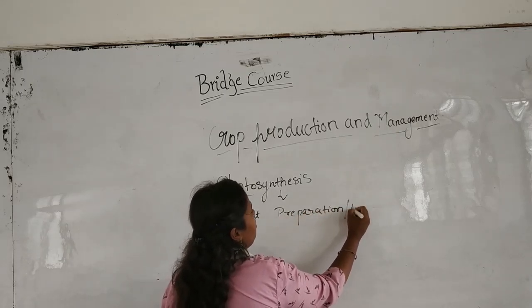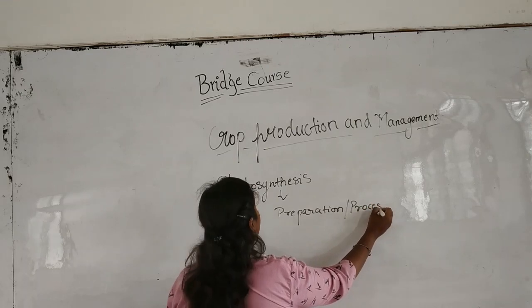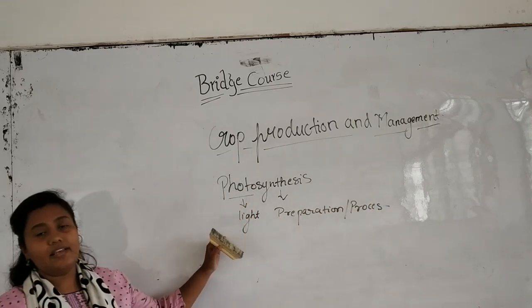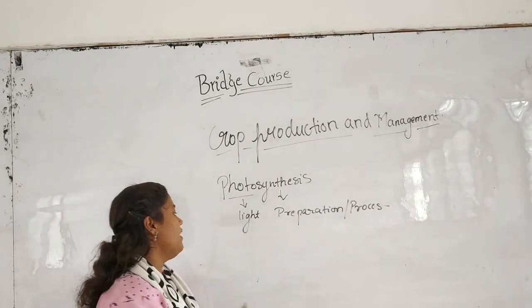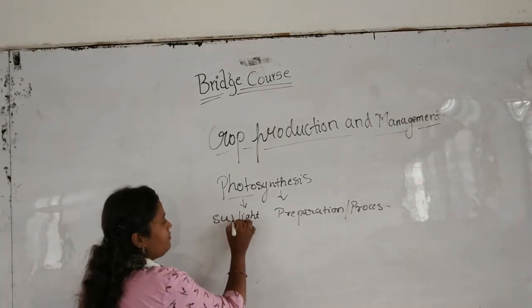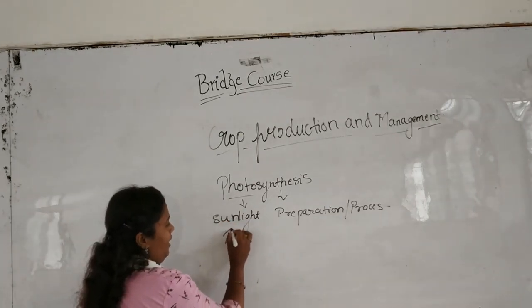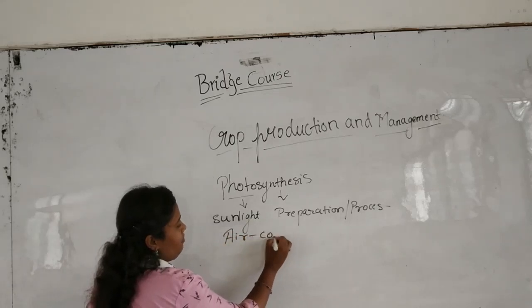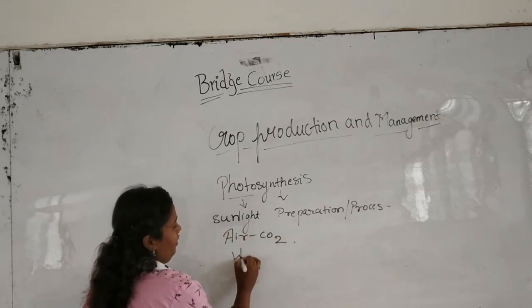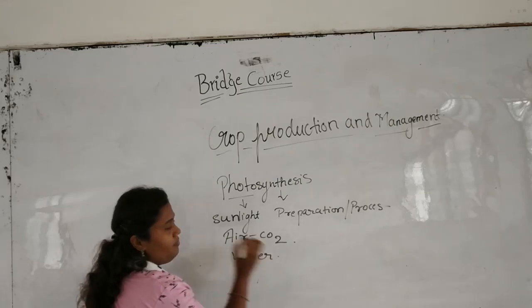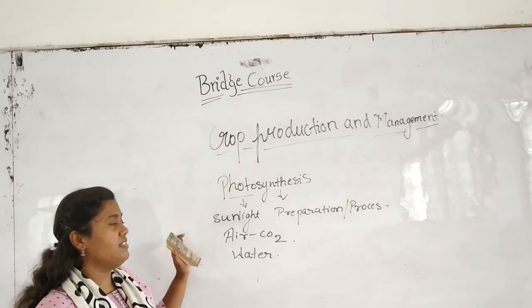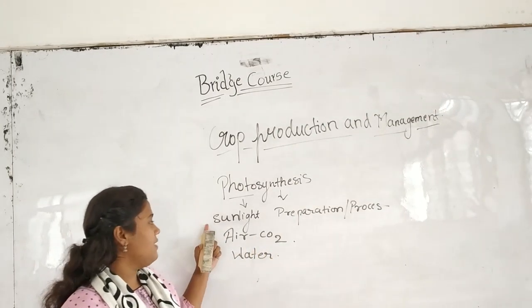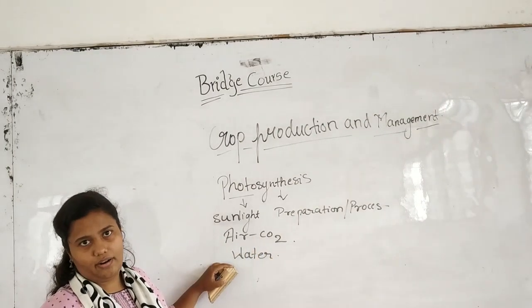So photosynthesis is preparation of the food by the green plants using sunlight, and air, which is CO2, carbon dioxide, and water, which the roots absorb from the soil. So this is the photosynthesis process by which green plants prepare their food using sunlight, air, and water.